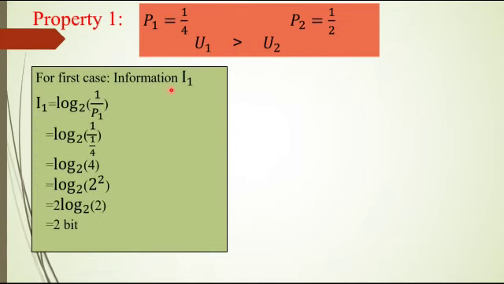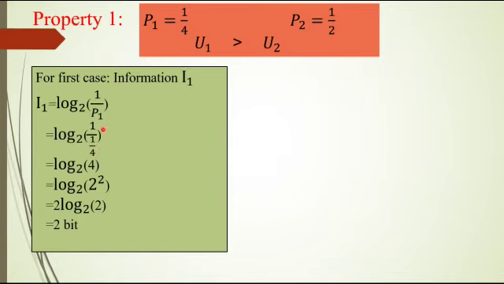For the first case, let the information be I1. We know the formula of information, I1 equal to log base 2 of 1 by P. Here, in the first case, the probability is P1, so log base 2 of 1 by P1. The value of P1 is 1 by 4. Put this value: log base 2 of 1 by 1 by 4, and this 4 goes to the numerator.